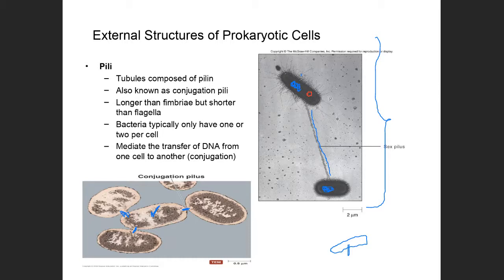So now this cell can donate that plasmid, make a copy of it, and donate it to this other cell. And now both of these cells have the plasmid that basically says they are resistant to penicillin, right?